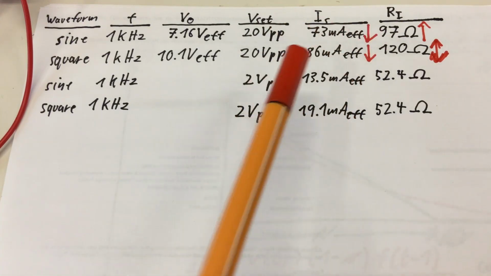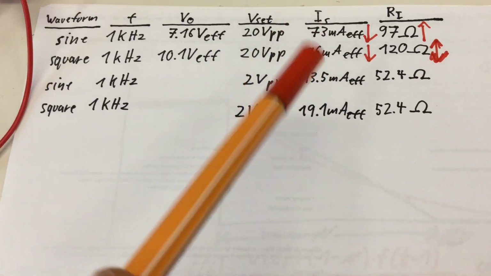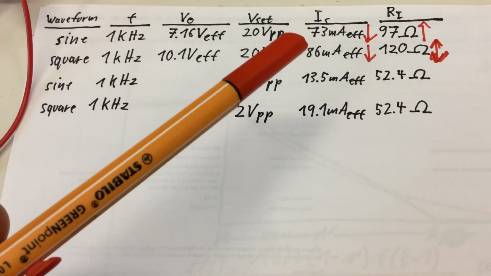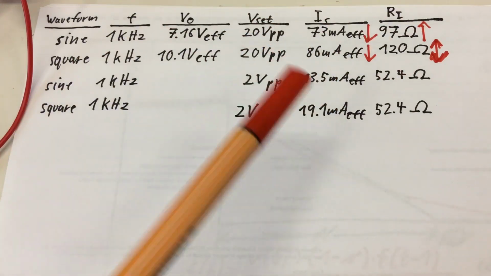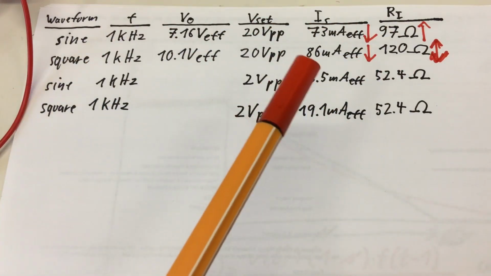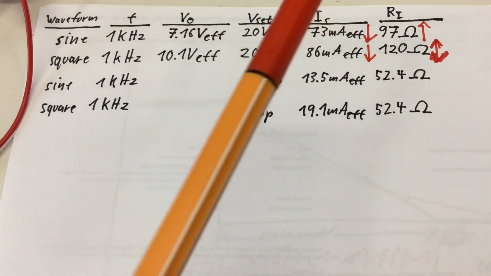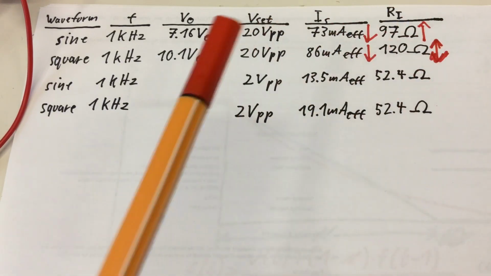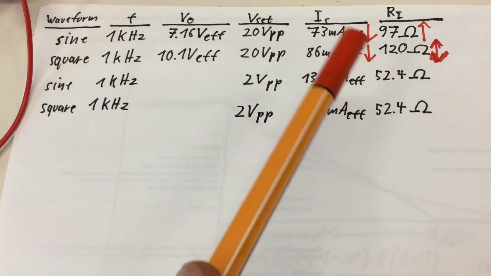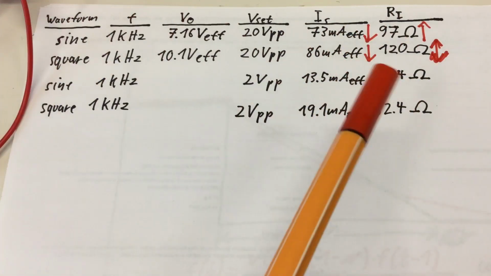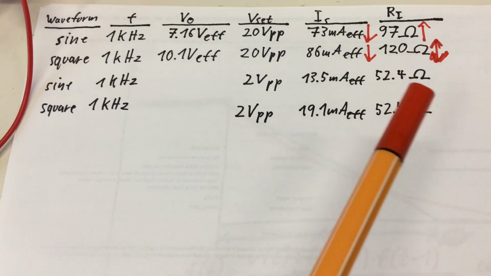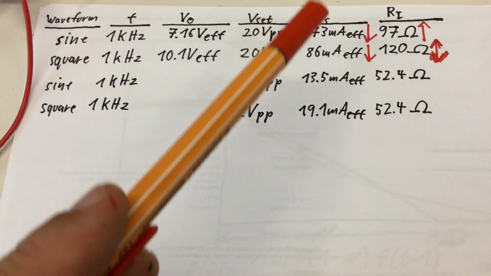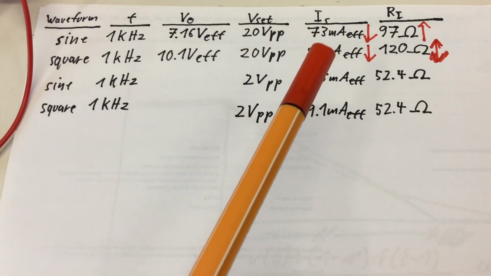But for the initial measurements, and these were going down due to thermal effects, the amplifier stage of the function generator heating up, or maybe the power supply not able to sustain that higher current. The internal resistance we can calculate from that was 97 ohms for the sine waves and 120 ohms for the square wave, of course going up as the current was going down.